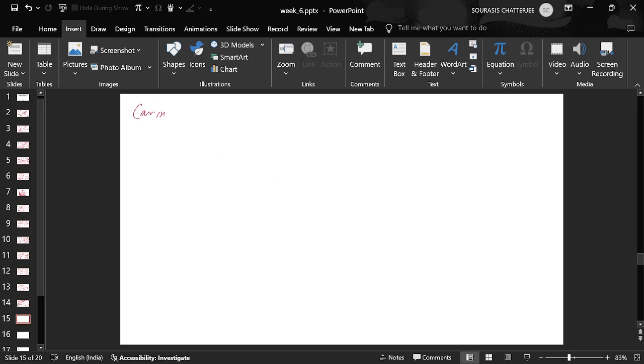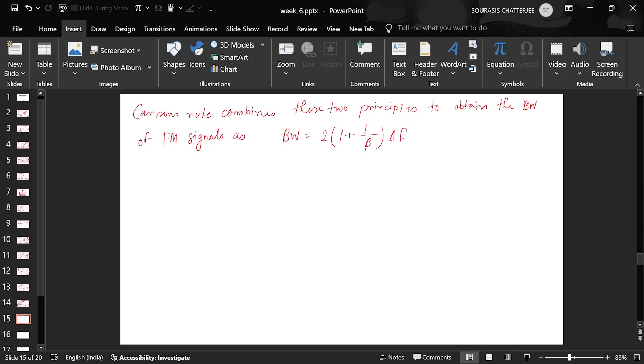So Carson's rule combines these two principles to obtain the bandwidth of FM signals as 2 times (1 plus 1 over beta) times delta f.